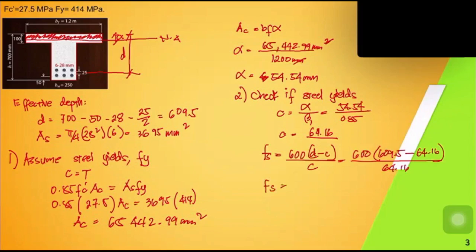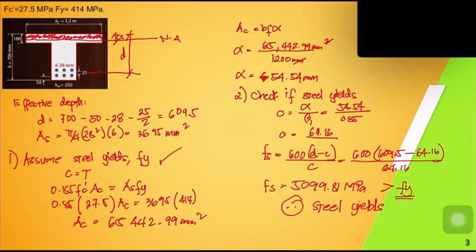So what is Fs? 5,099.81. So that is greater than Fy. Therefore, what is our conclusion? Still yields, di ba? Kasi mas mataas siya sa Fy. So we are correct in assuming that steel yields.